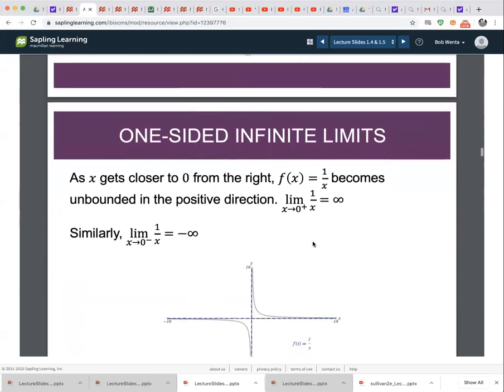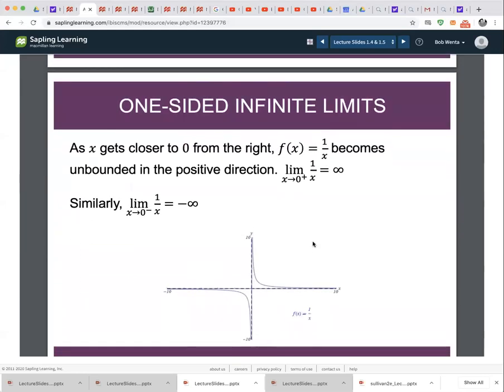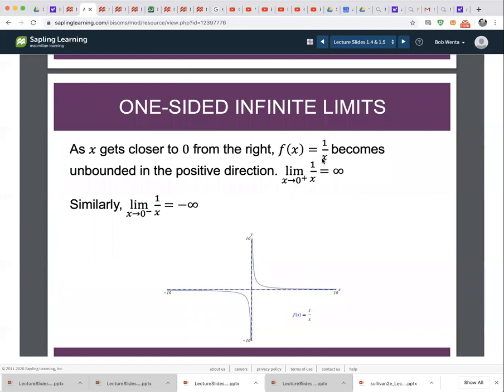Now, let's get rid of that squared, and you've got 1 over x alone. This time, when you're coming from the right, the answer is positive. When you're coming from the left, as you're approaching 0, the denominator is getting smaller and smaller, the fraction's getting tinier, and you're flipping and multiplying, so it takes off up when you're coming into 0 from the positive side.